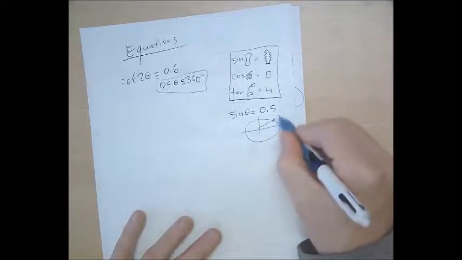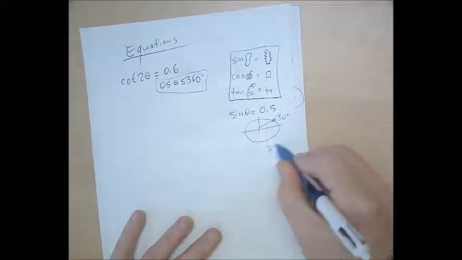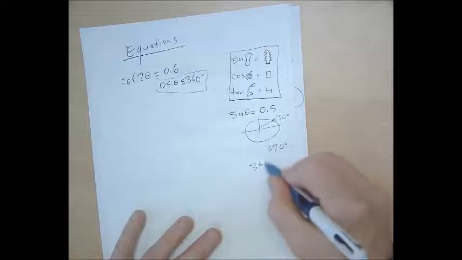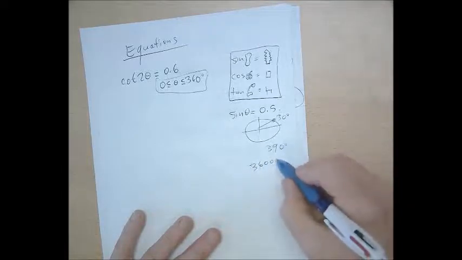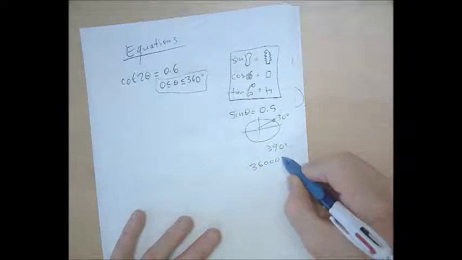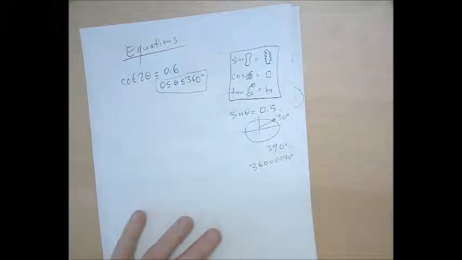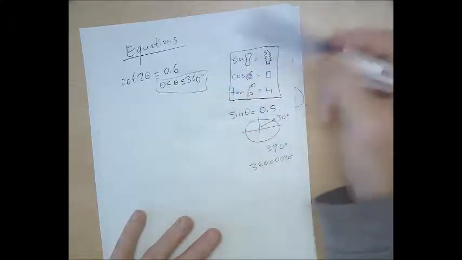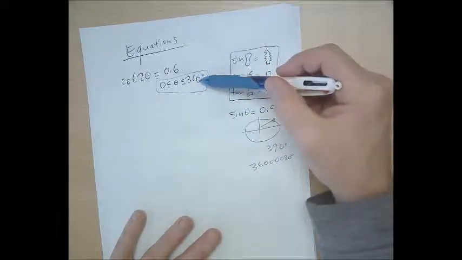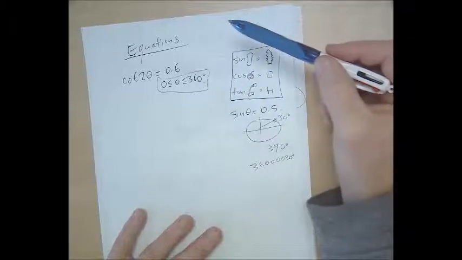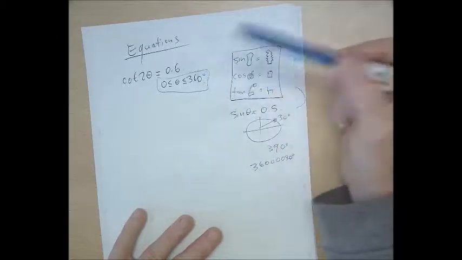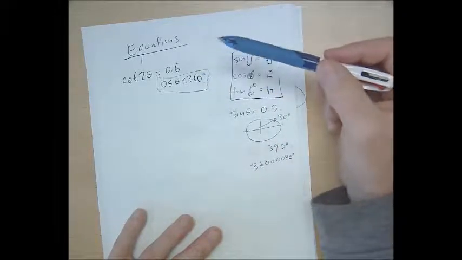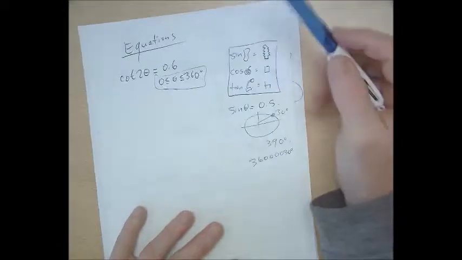So 30 is 1, 390 is 1, 36 million and 30 is 1. You're just going forever, right? So a lot of people call that the range, some people call it the domain. It's a bit annoying because they're technical terms from another chapter. I call it the permission statement, right? Gives you permission to only write some answers down instead of all of them, or millions of them, or a million bisquillion of them.